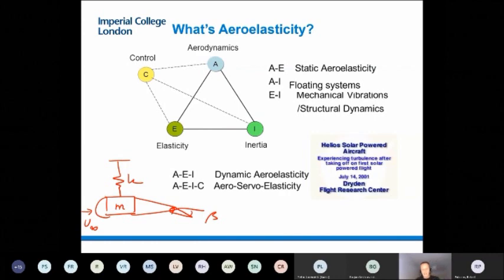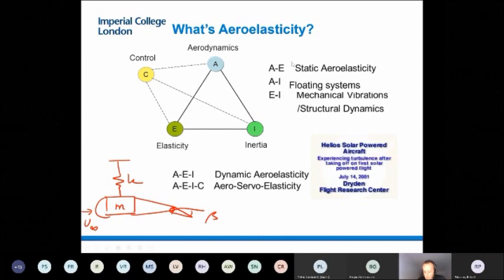So aeroelasticity, in essence, is dealing with systems in which all these elements are interacting with each other. The forces rely on the presence of springs, which is the deformation you have, and the presence of a flow, which defines the aerodynamic forces. The control will need to deal with all those simultaneously in some ways. And the various interactions between all those elements define the sub-problems I'm going to be discussing today.